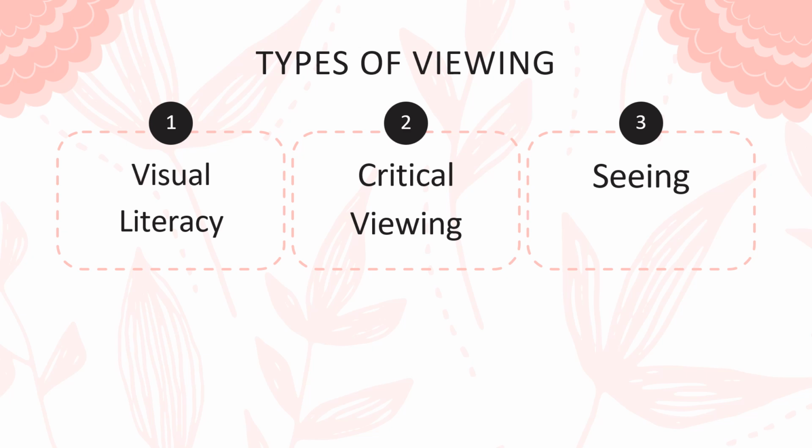We have here the types of viewing skills. First, visual literacy. The ability to interpret the meaning of visual images, and also construct effective visuals in order to convey ideas to others. Number two, critical viewing.